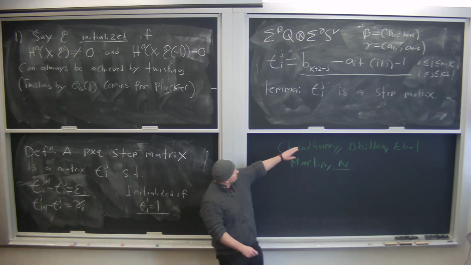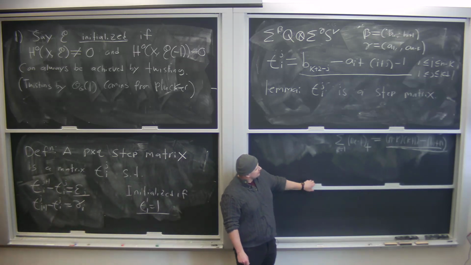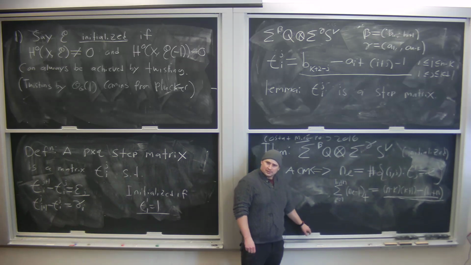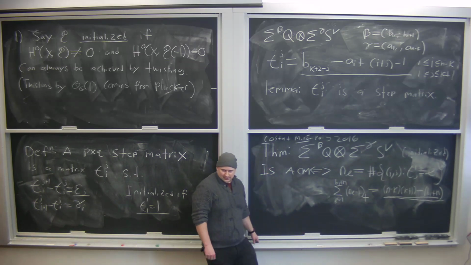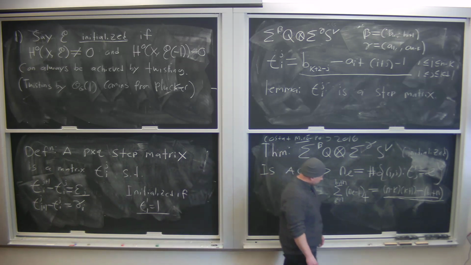Going back to what was said earlier, that ACM bundles correspond to maximal Cohen-Macaulay modules. The definition of maximal Cohen-Macaulay says that they have the maximum depth. Is that exactly what it translates to?